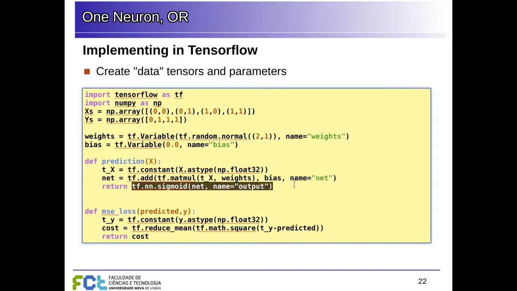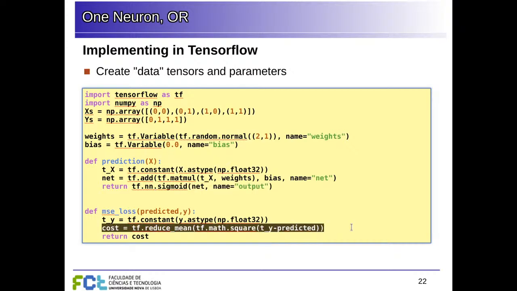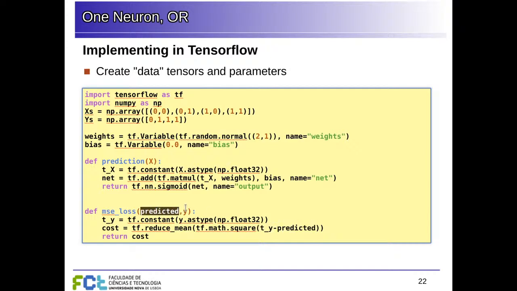It can vary between 0 and 1, but the loss function will be the quadratic error. So you can use the square function from TensorFlow on the difference between the target and the prediction. We receive here the prediction tensor, and this would be a NumPy array with the target labels.